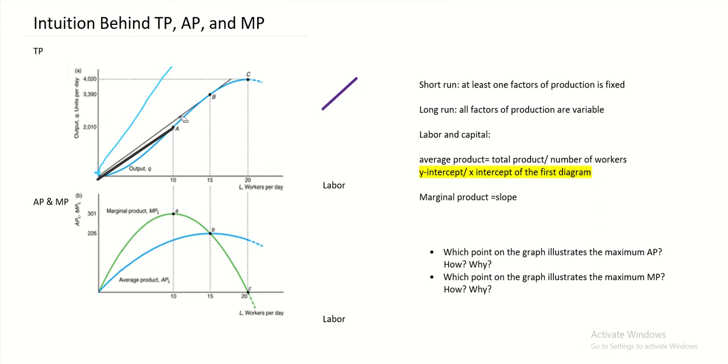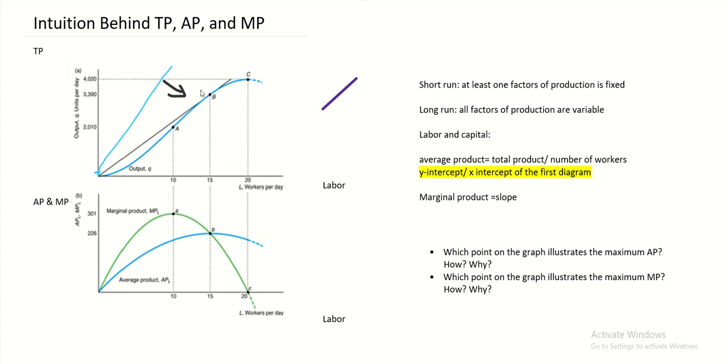Let me get rid of this, and let's see. If I start off with this random straight line going through the origin, and I want to find the line that shows me the highest average product, I can just rotate inwards.